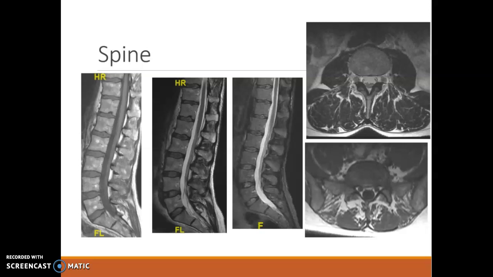Looking at the spine, it's normally a 4-minute sequence, normally within a 30-minute slot. And it's the same for all examinations of the spine. So you're looking at the different sequences as you go through. You can see here you've got a T1, then a T2, then a PD.